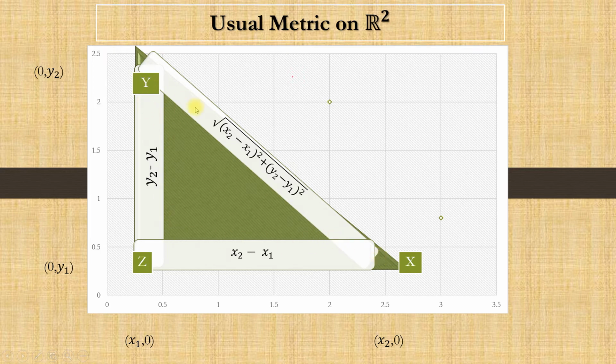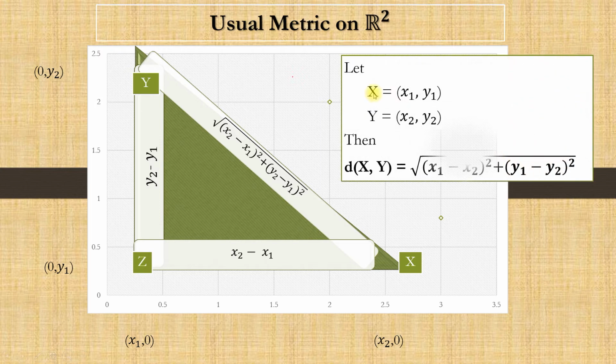So the distance between x and y is given by the square root of (x2 minus x1) whole square plus (y2 minus y1) whole square. In general, we can say that the usual metric on R2 is given by, for any x equal to (x1, y1) and y equal to (x2, y2) in R2, d(x,y) is the square root of (x1 minus x2) whole square plus (y1 minus y2) whole square. Note that this is the shortest distance between x and y.